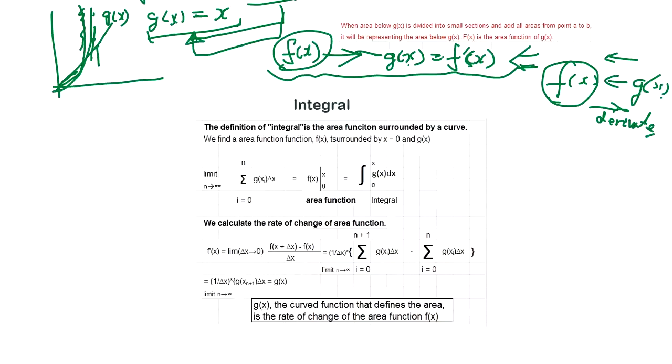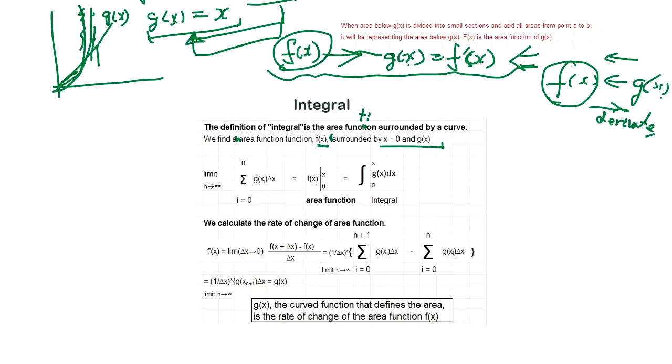Okay. So the definition of the integral is the area function surrounded by a curve. We find an area function f(x) surrounded by this.